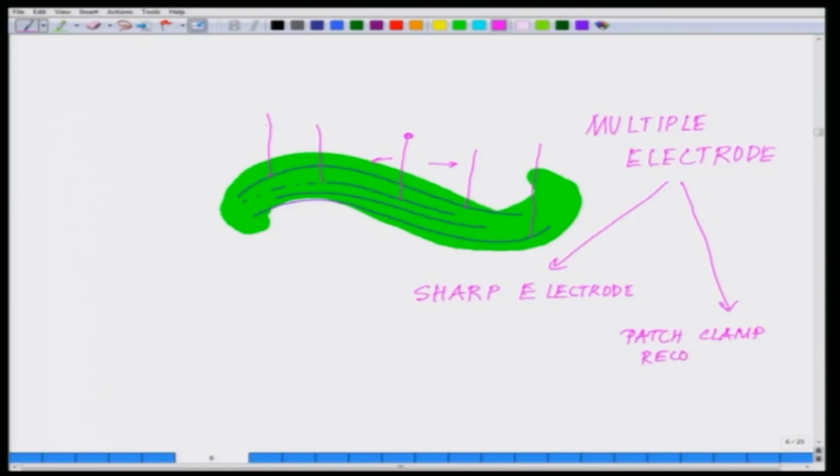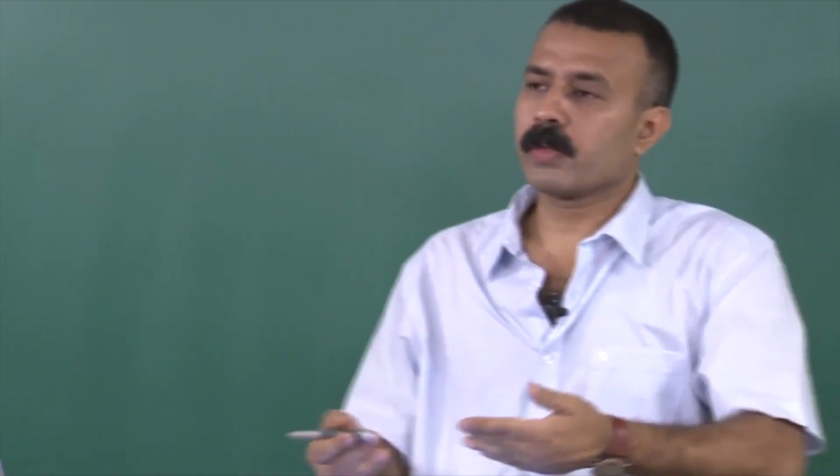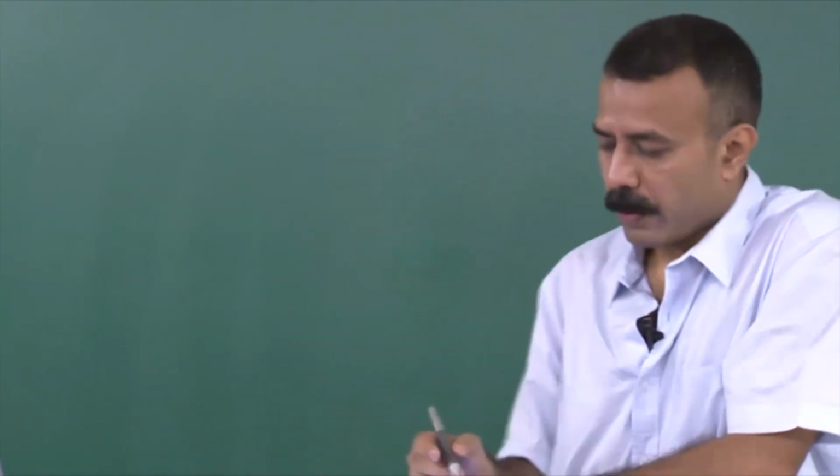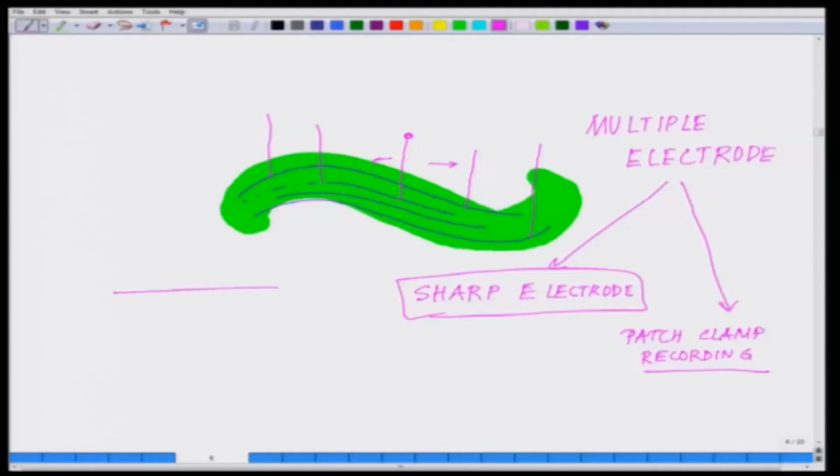Okay. We haven't discussed it, but this I will definitely discuss with people. And some people even try to take this whole circuit, this whole slice, and put it on top of a microelectrode array, a planar MEA.